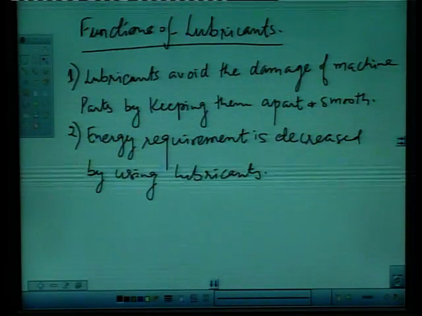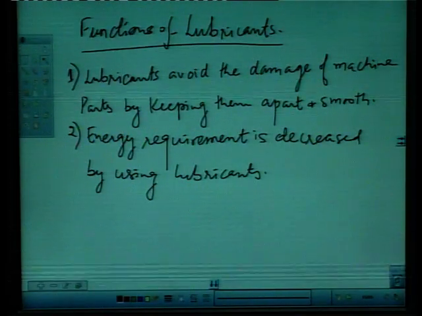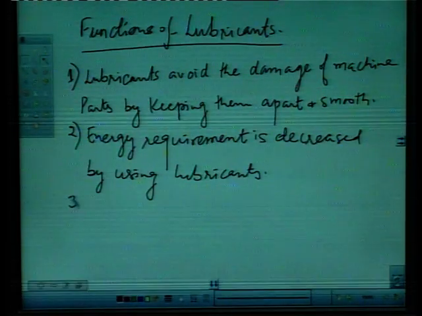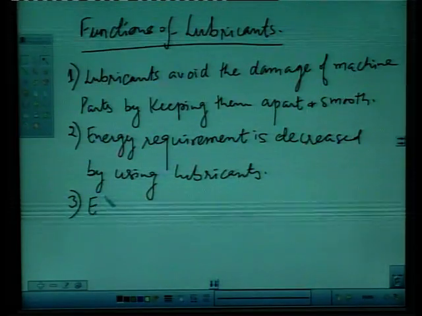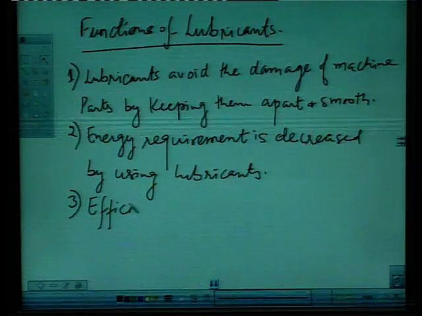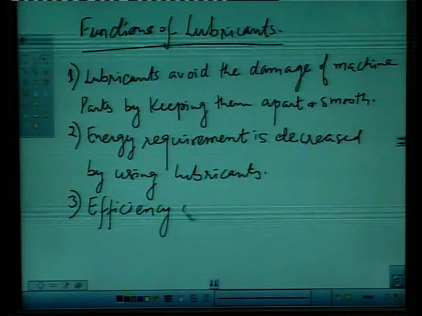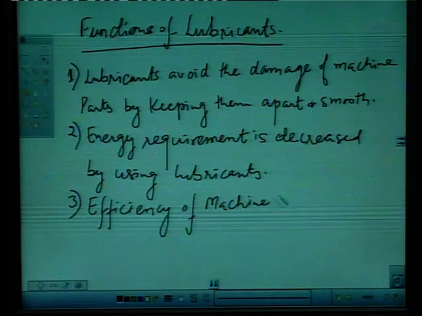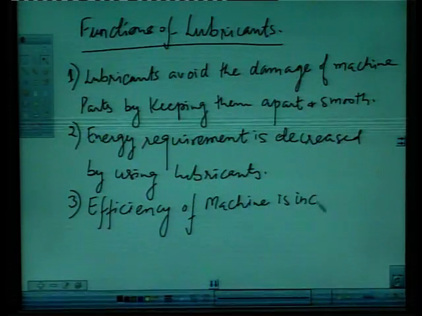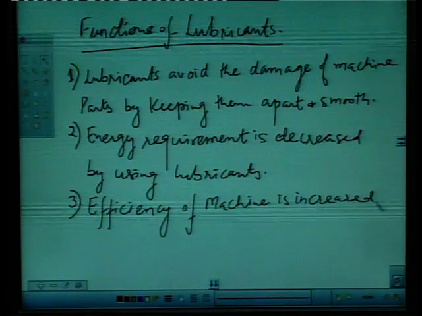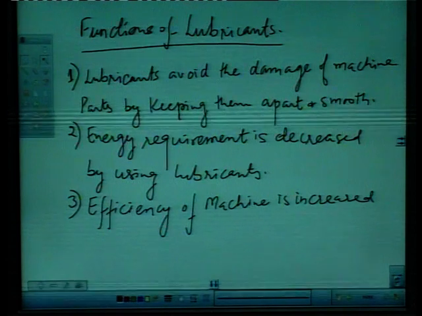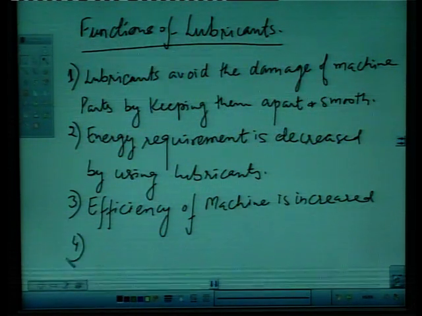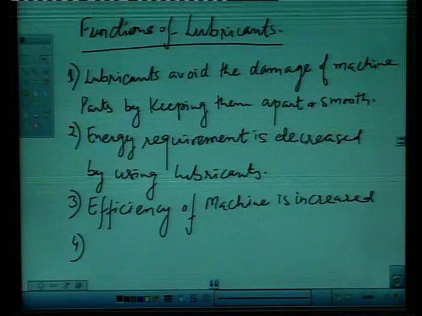So, when friction is reduced, energy is decreased. So, energy requirement is decreased, efficiency of machine is increased. The machine will be more efficient by using lubricant, as less energy has to be consumed.